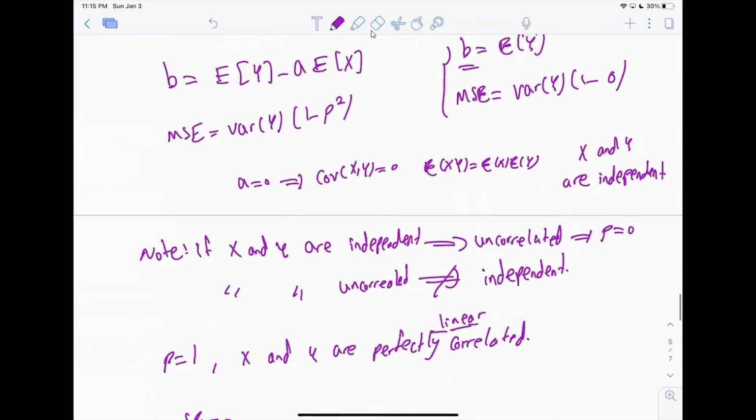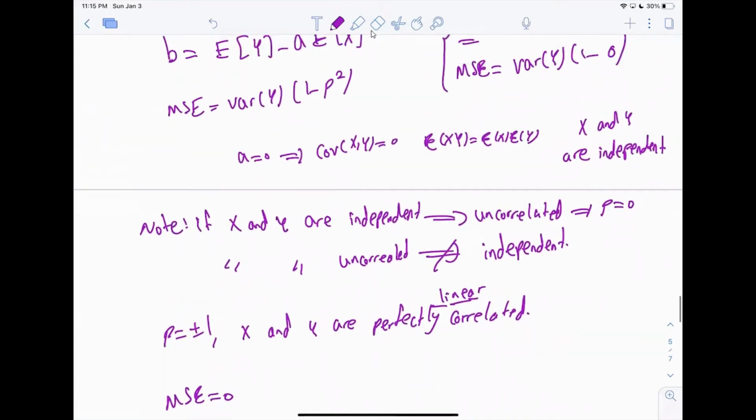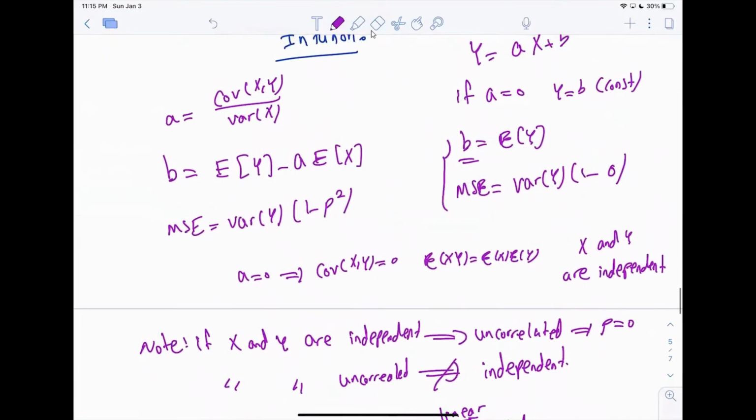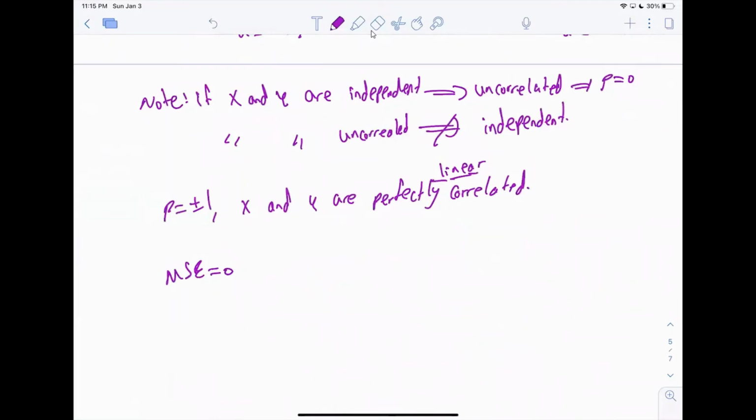The mean square error is 0 if rho is plus or minus 1. Plus or minus 1 is either perfectly positively linearly correlated or perfectly negatively correlated, right? This means that the mean square error is 0. So if x and y are perfectly correlated, the mean square error is 0, of course, because you can exactly recover the random variable y from x.